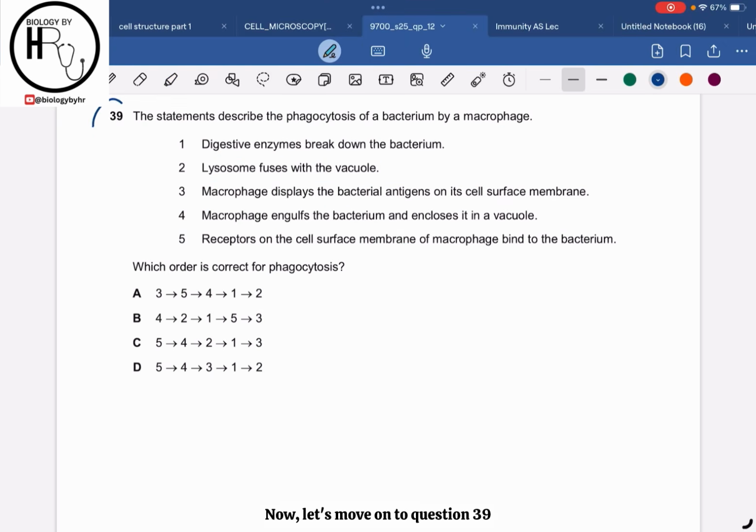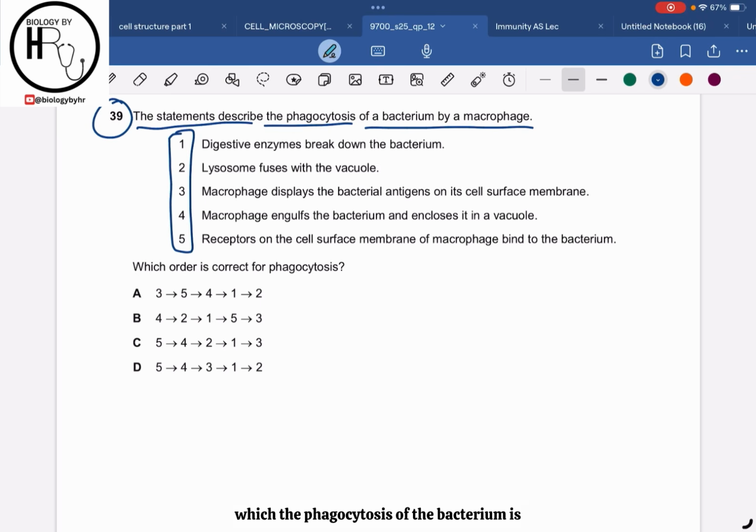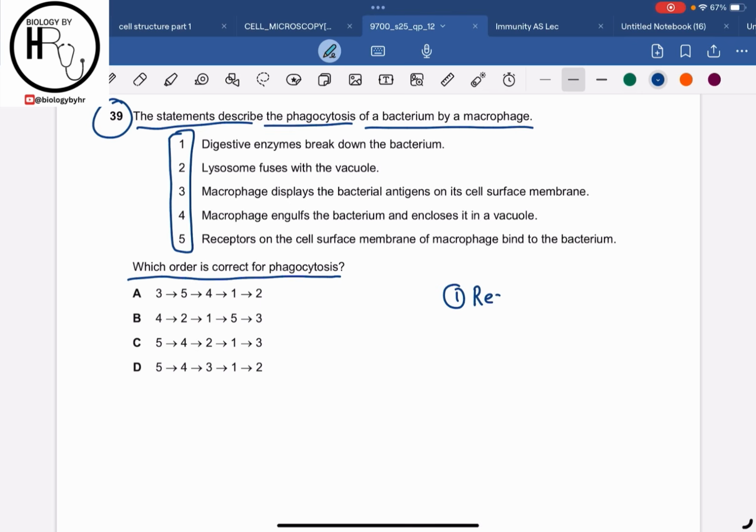Now let's move on to question 39, which is the second last question of this paper. The statement describes the phagocytosis of a bacterium by a macrophage. They have given us the five steps by which phagocytosis takes place, and ask what the correct order is. First, there will be recognition and attachment of the bacteria to the macrophage.